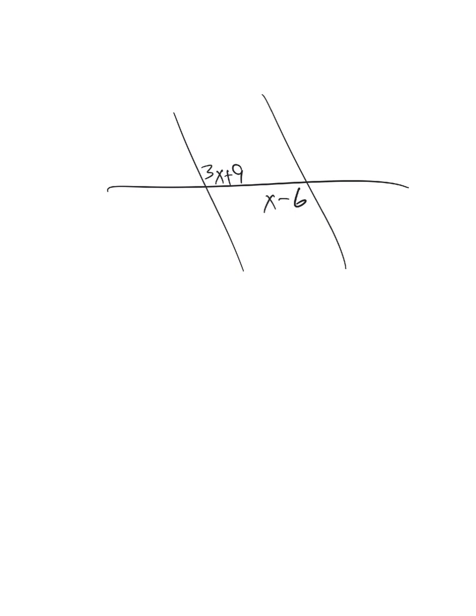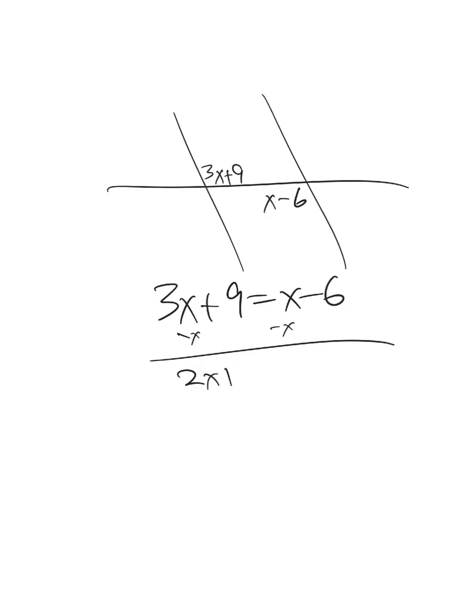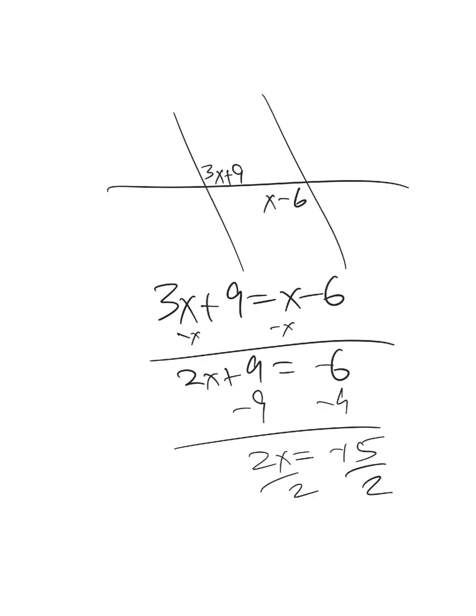Alternate interior angles, which means they are equal. 3x plus 9 is equal to x minus 6. Subtract x. I get 2x plus 9 equals negative 6. Subtract 9. 2x equals negative 15. Divide off the 2. x is negative 15 halves. All right, on the test, they won't be like that. But I made it up, so the numbers are weird.